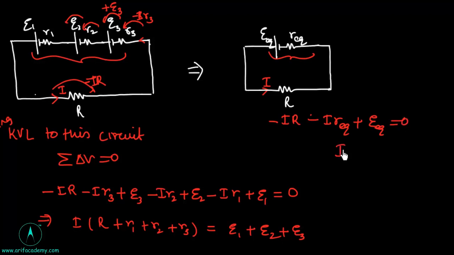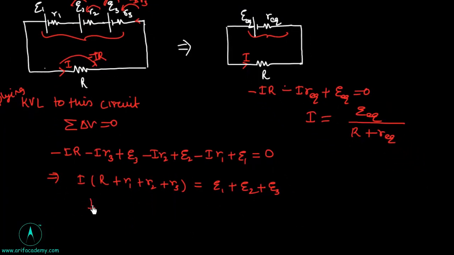So I comes out to be E equivalent upon R plus R equivalent. Well, what about here, for this group of cells, I equals E1 plus E2 plus E3 whole upon R plus R1 plus R2 plus R3.